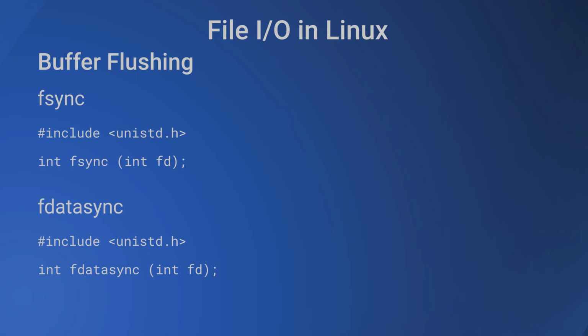For example, file size is written to the inode, but file modification and access times are probably not that important, so that part of metadata need not be synchronized during the fdatasync call. Fdatasync returns 0 on success and -1 on error.